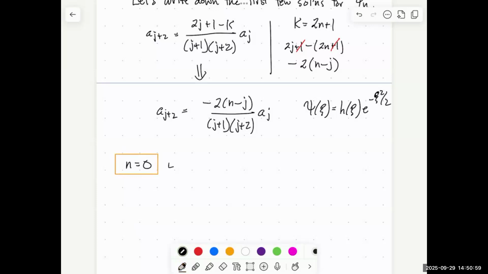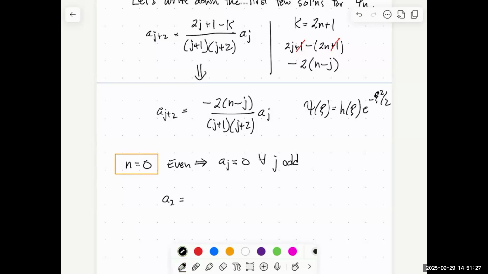Okay, so this is an even value of n, and so we would say aj is equal to 0 for all j odd right from the outset. And all we have to do is say, okay, what are the surviving terms in the even series? So I'm going to put in j equals 0 to try to calculate the a2 coefficient.